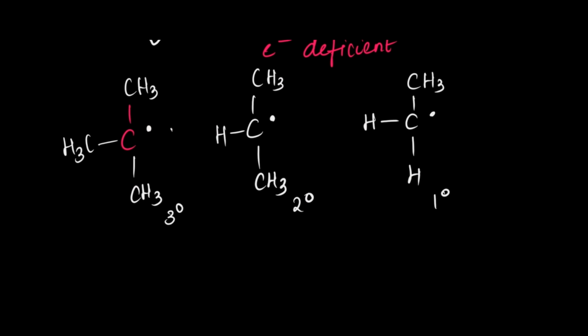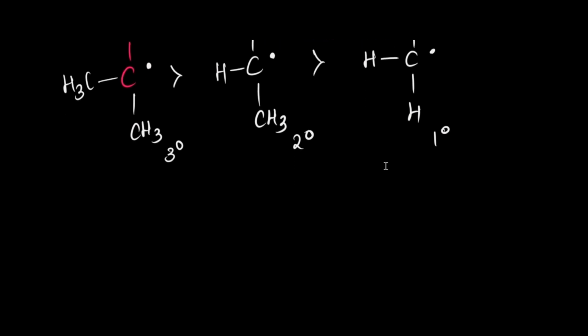Of course, the tertiary one is more stable when compared to secondary, and then comes primary. Why is it so? We'll see in a while. You will understand in a while automatically.